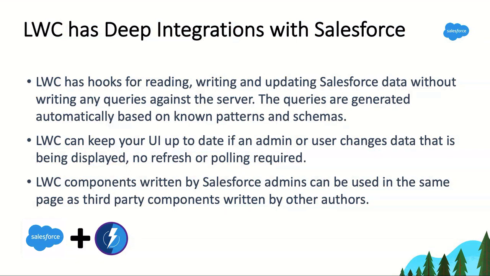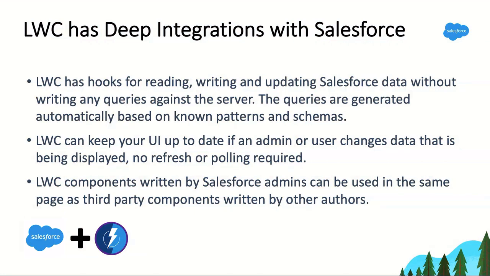So what makes LWC different than the competitors you saw on the last slide? Well, the big thing is there's a lot of integrations with Salesforce that you get with LWC right out of the box. So with LWC, you can use an annotation called @apex, and you can very easily generate queries that target your Apex controllers without actually having to write any XML HTTP requests, without having to worry about having the right headers, et cetera.